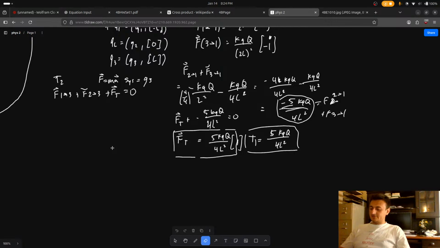So this is going to be, let's just do it, like KQQ over 4L squared plus KQQ over L squared. Because this is a 1. This is a 1.